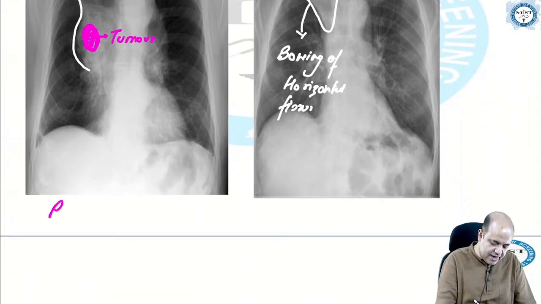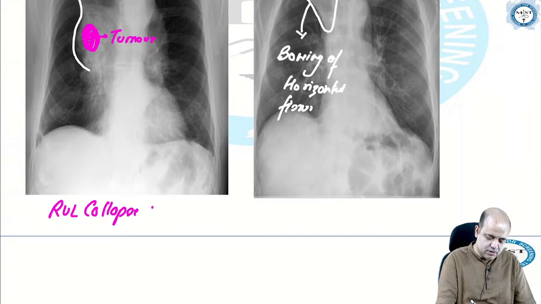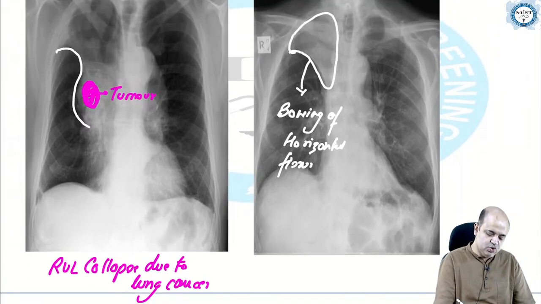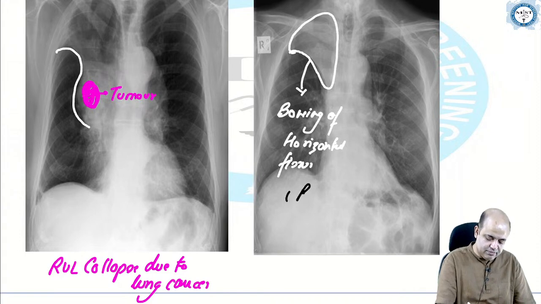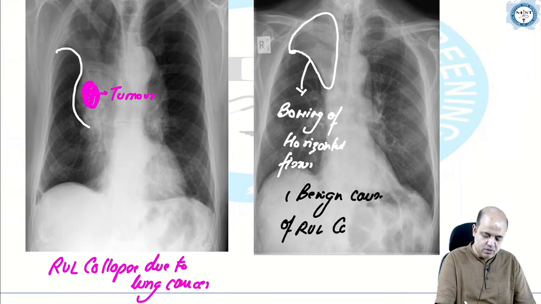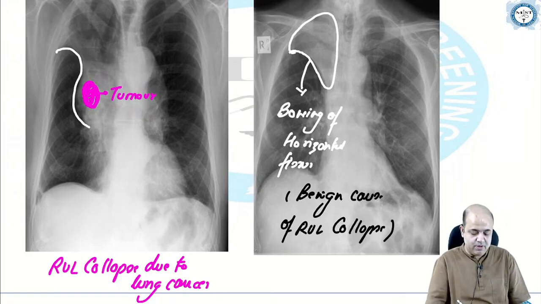Otherwise, this collapse is usually due to a benign cause. This is a benign cause of the right upper lobe collapse.